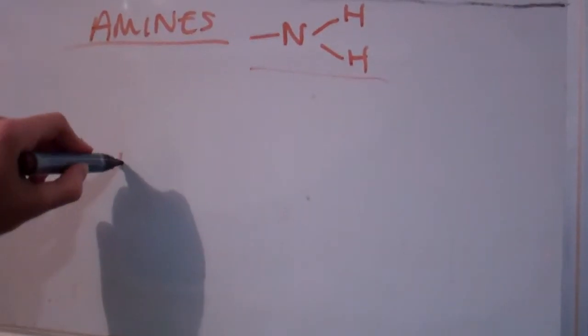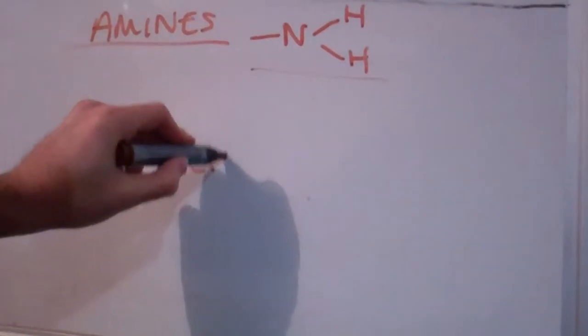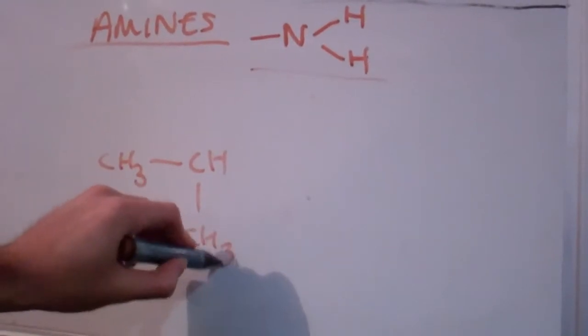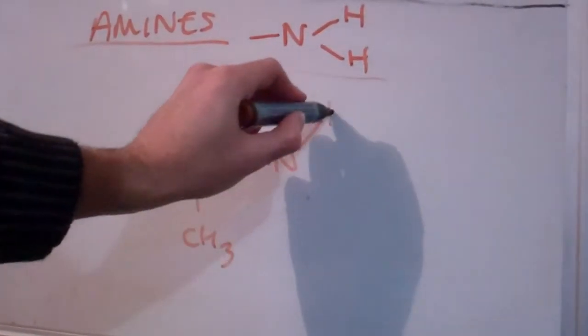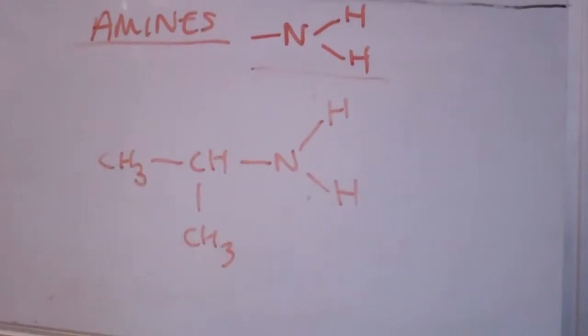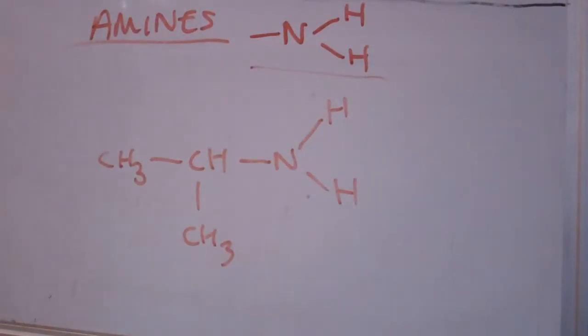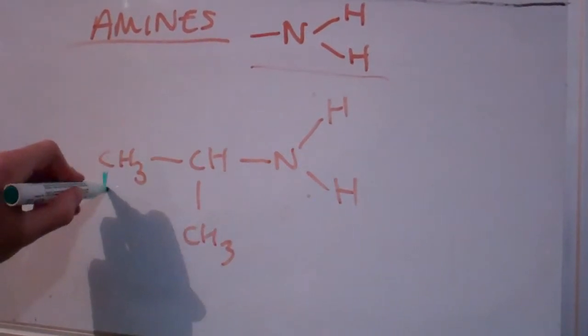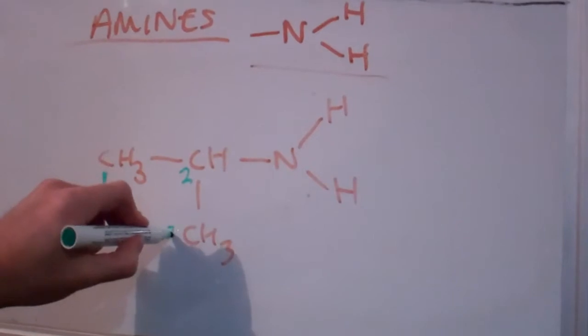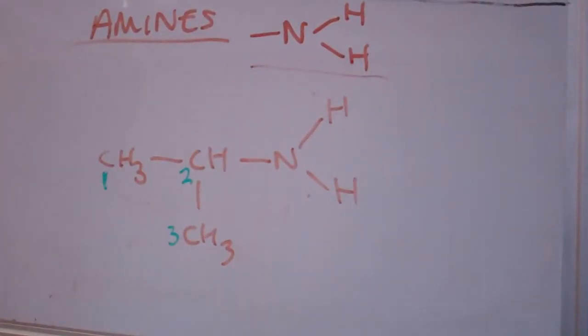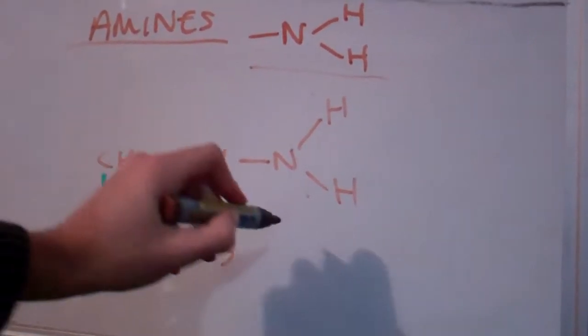What about, look at something like this, eh? Alrighty. Now here, we still apply our same naming rules, right? We've got 3 carbons in our chain, therefore we're looking at a prop.